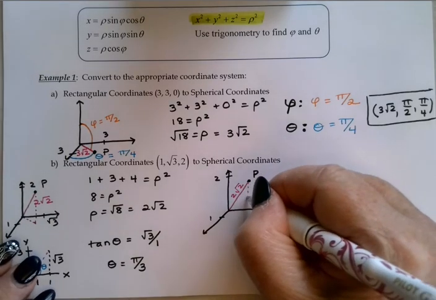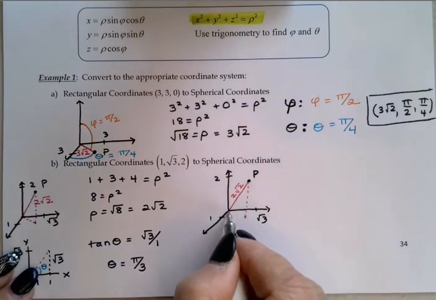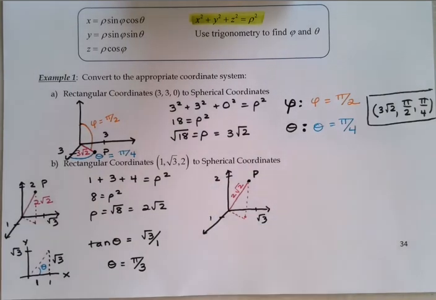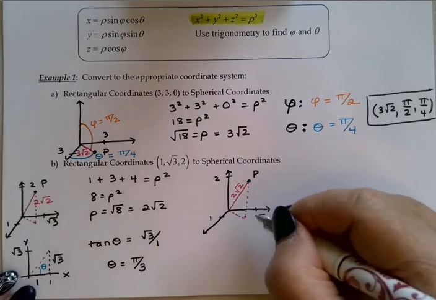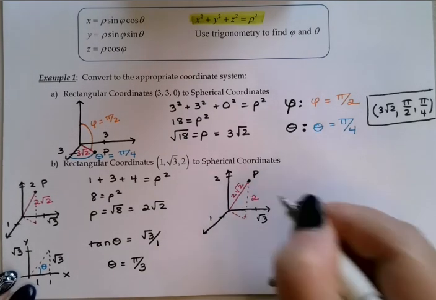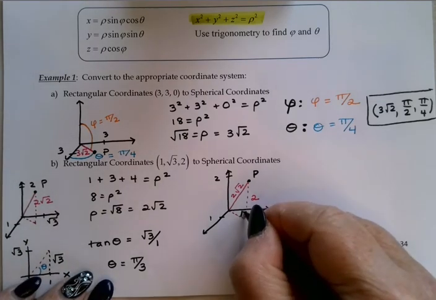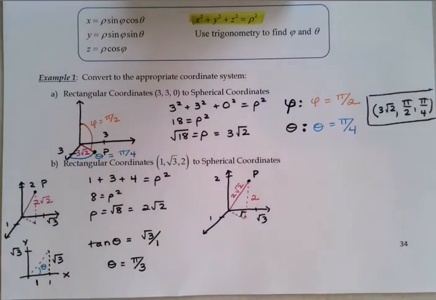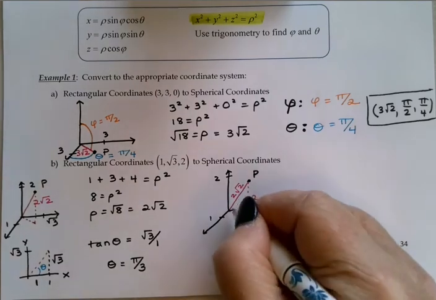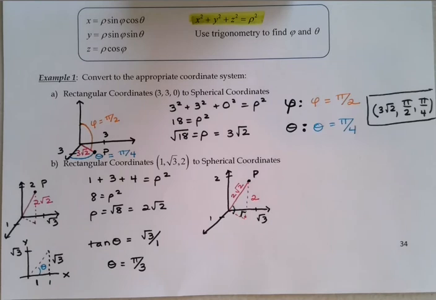And then we had dropped a perpendicular down here to the xy plane, creating that triangle. And since the z value at this point is 2, the height here has to be 2 as well. So what I've got is a right triangle. This is a right angle here since I dropped the perpendicular. And I'm going to see if I can figure out this angle within the right triangle.